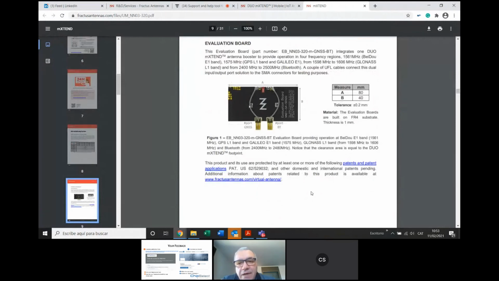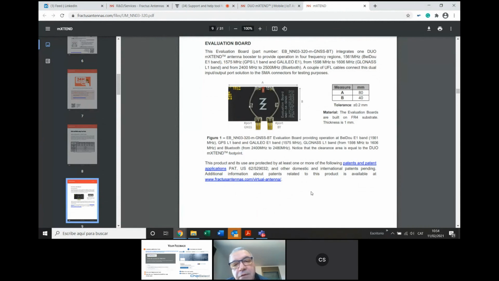As I said, we have flexibility, not only in the way to select the frequencies to work with, but also in the number of antennas that we can recommend to you. In some cases, we can recommend one antenna for these two frequencies, for instance, GNSS and Bluetooth.